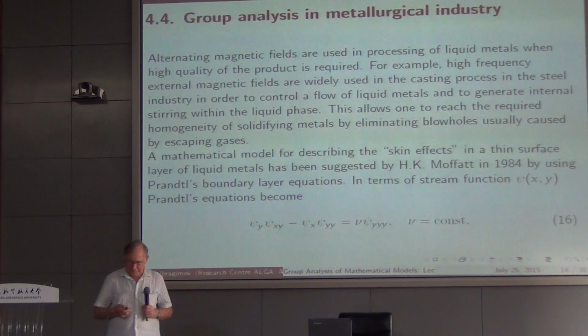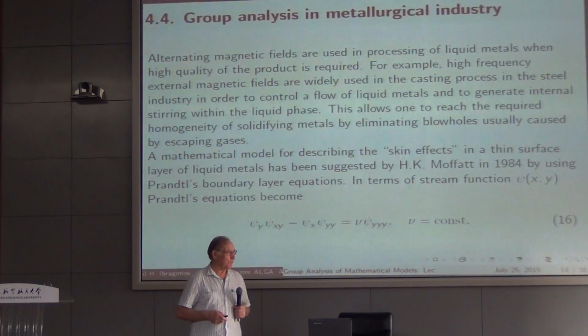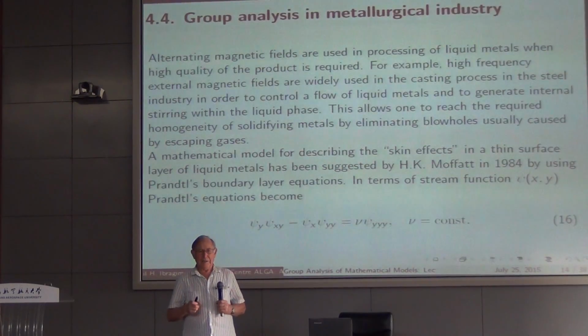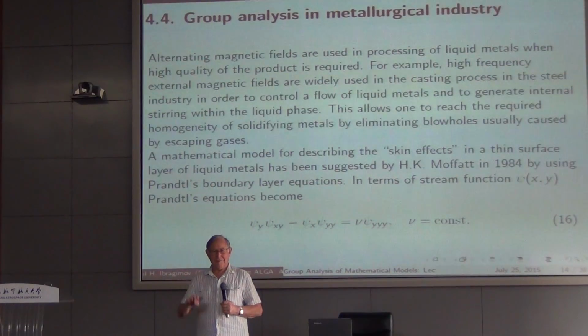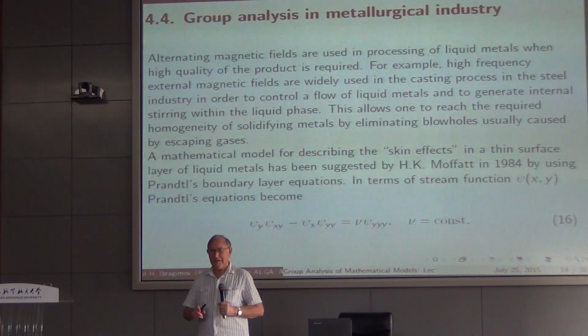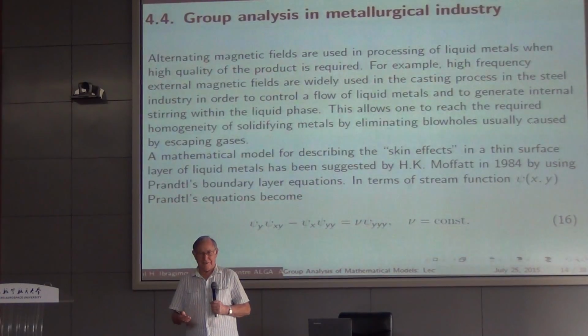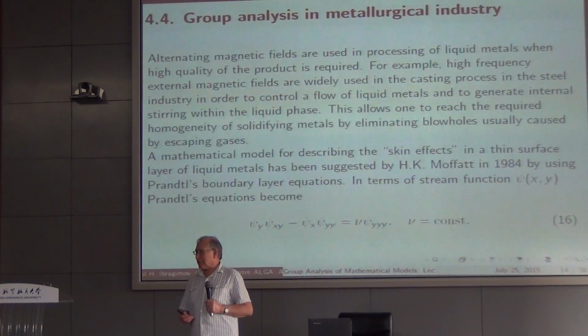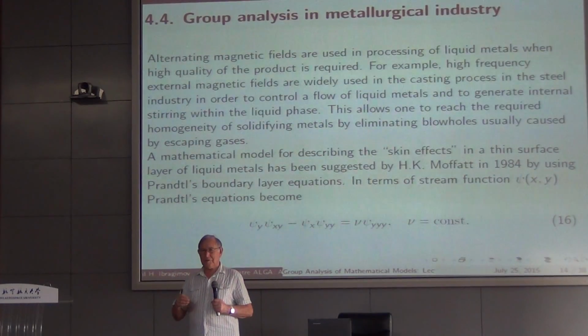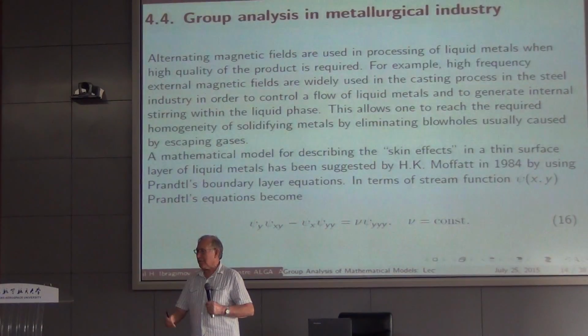In this process, unfortunately for industry, when the liquid metal becomes hard metal, bubbles appear inside. And those bubbles make the metal not appropriate for industry. It's not strong enough, many cracks can appear afterwards and so on.